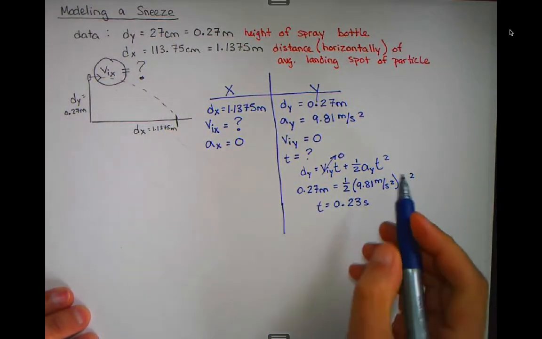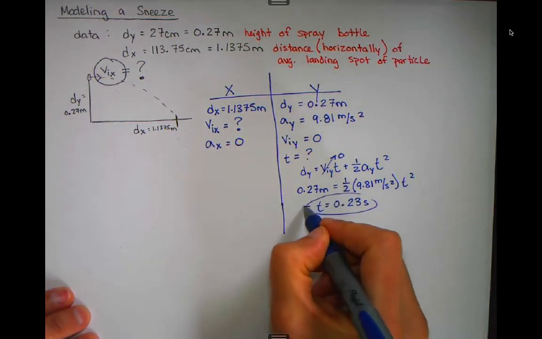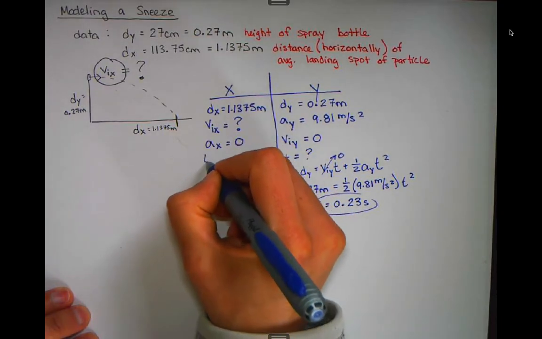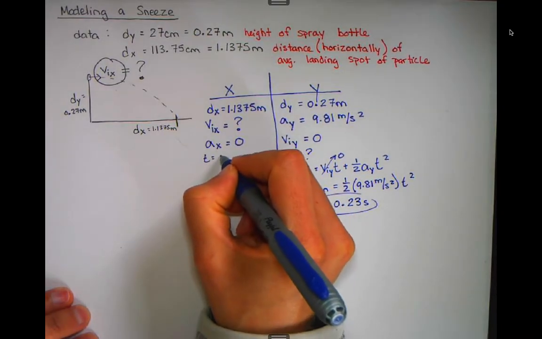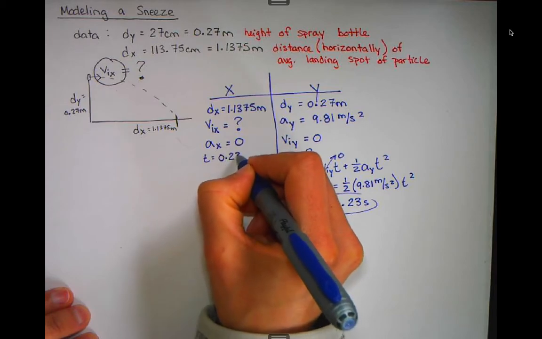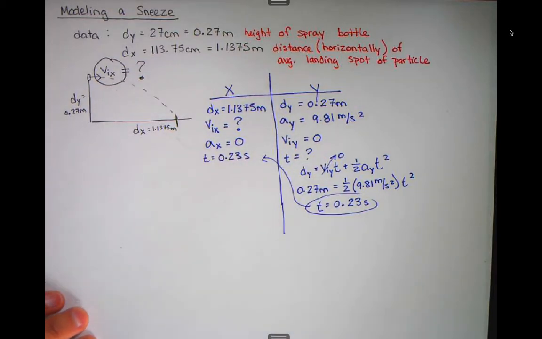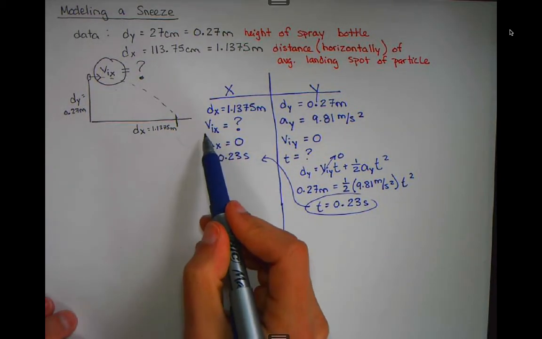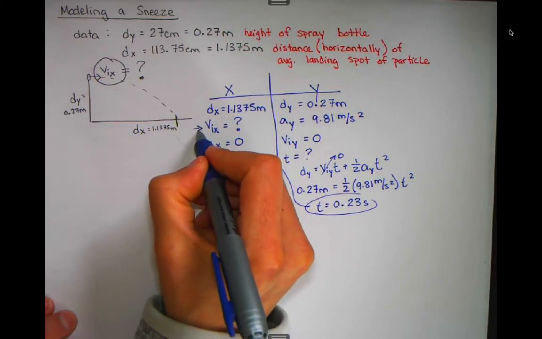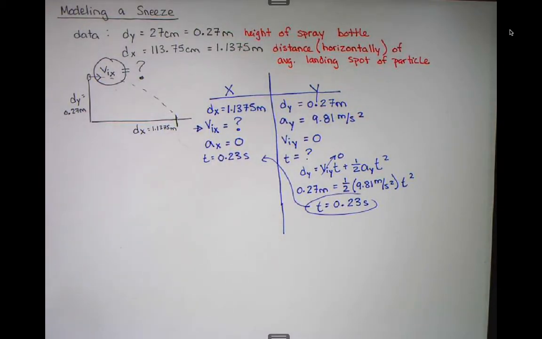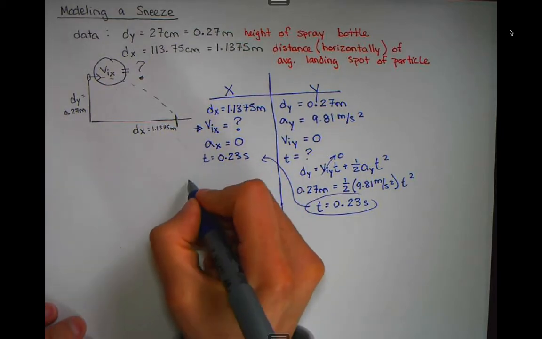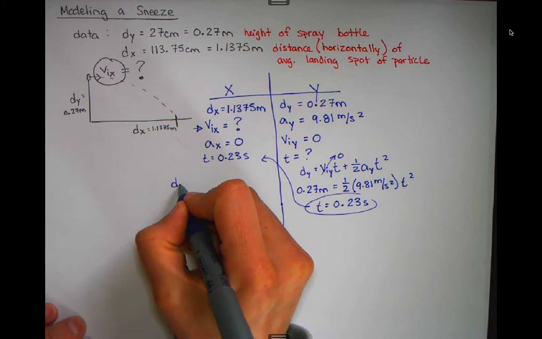So that's how long it took the particles to leave the spray bottle and fall to the ground. And so this time I can now bring over on the other side. So the time in the x direction is also 0.23 seconds. And now I can use an equation to find how fast those particles leave the spray bottle. Right? So again, this is the distance equation, but with x values.